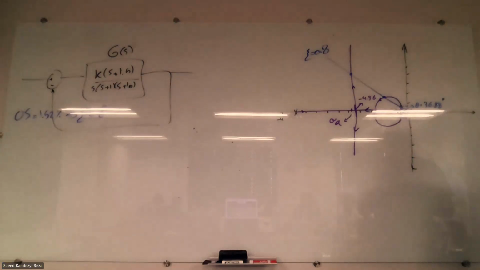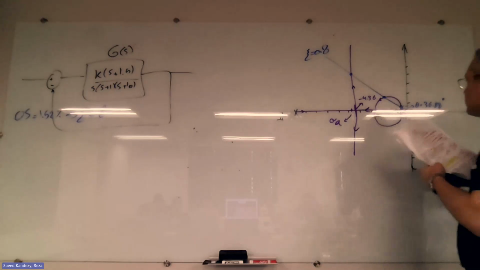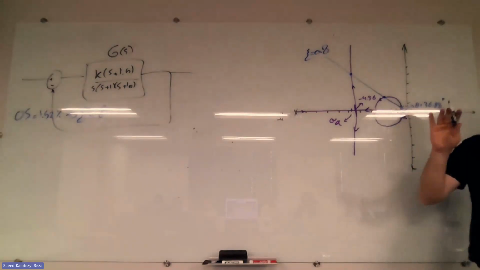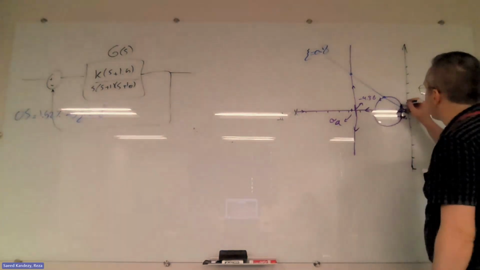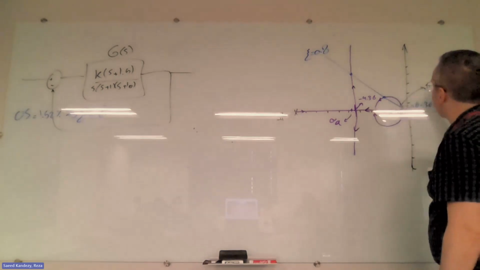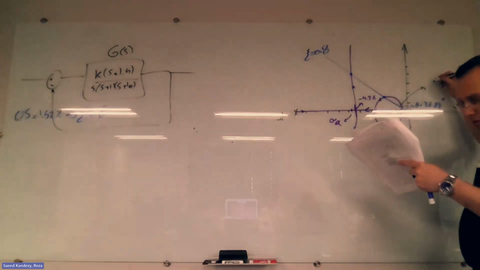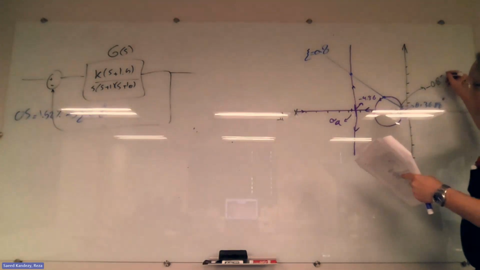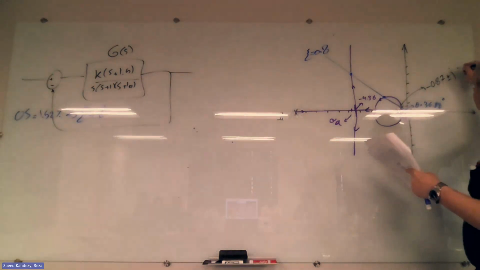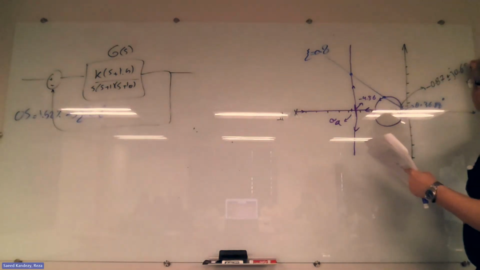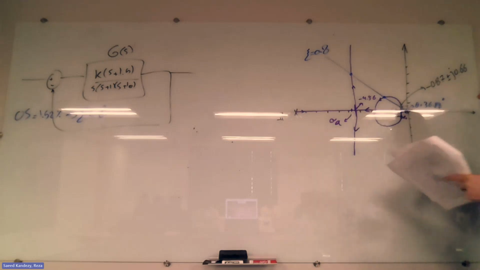Very good. Now, if you actually find the values, you are going to see that we are not using the second order. We're just directly finding these interceptions. This point here is going to be minus 0.87 plus minus j 0.66 or 65 something.